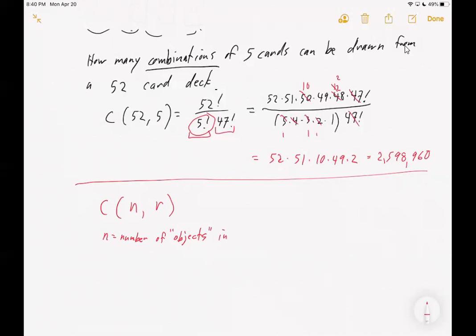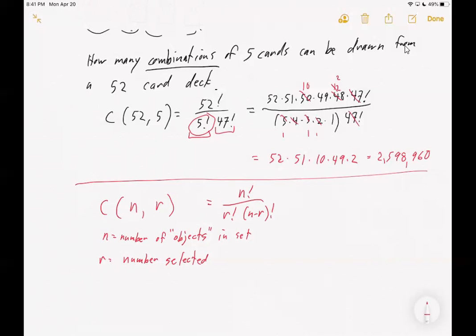They don't like to be called objects. r is the number selected. And it's almost like the permutation formula. It is n factorial over n minus r factorial, but we also have the r factorial. So we need to divide by the number of ways to organize the set that is selected as well, since the order doesn't matter. I'm going to divide that out.